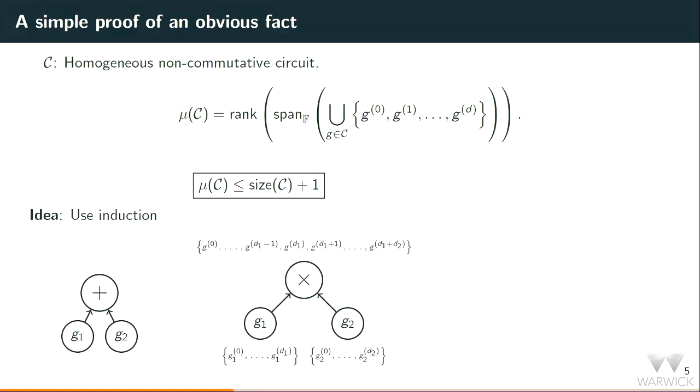But at a multiplication gate, that's the non-trivial part. Suppose you have G1 and G2 which are being computed at the children. Then for G1 you will have G_0 to G_d1, and for G2 this is from 0 to d2. So now what is going to happen at the multiplication gate? Note that G_0 is essentially just G1_0, and so on; G_(d1-1) is G1_(d1-1), okay?